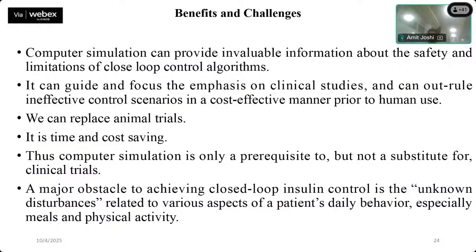Okay, and then we can jump towards in vivo testing directly. It is time and cost saving also. Computer simulation is a very good way to check your hypothesis through a model. That's why this in silico simulation of the UVA Padova is very important.